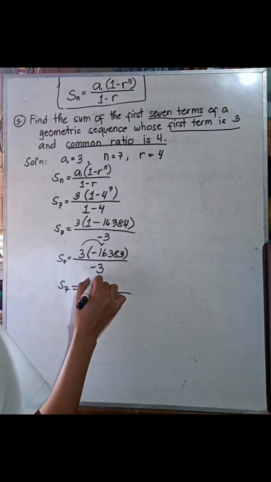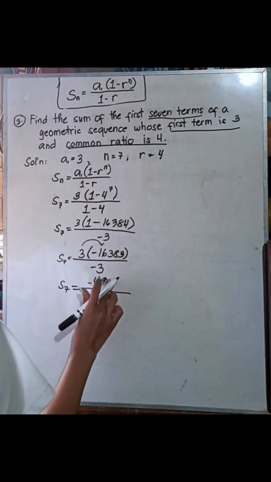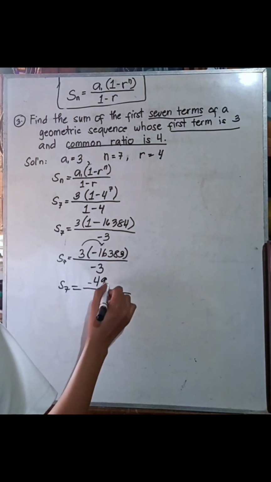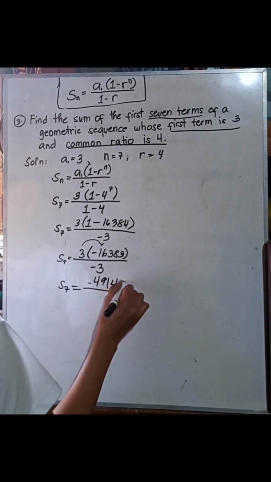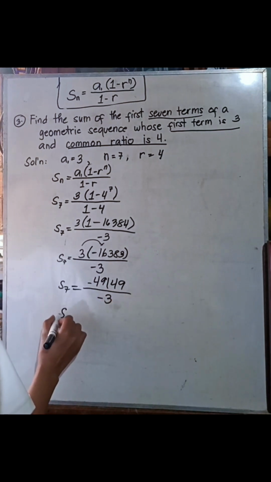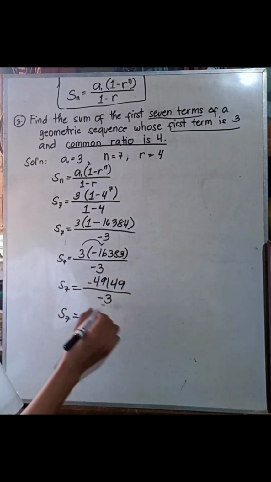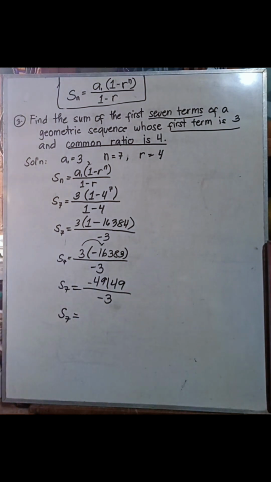or it is equals to negative 49,149 over negative 3. So, S sub 7. So, let us divide this one to get our answer. Divide by negative 3.